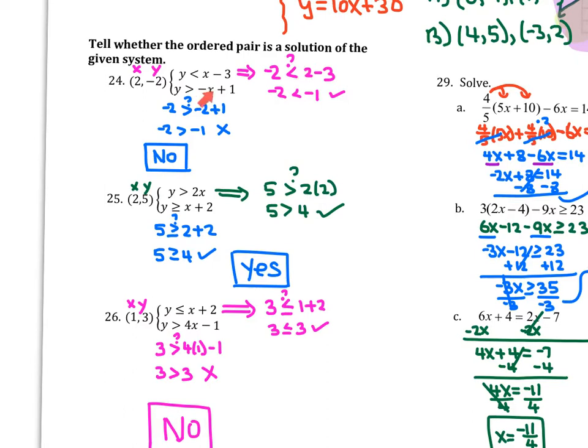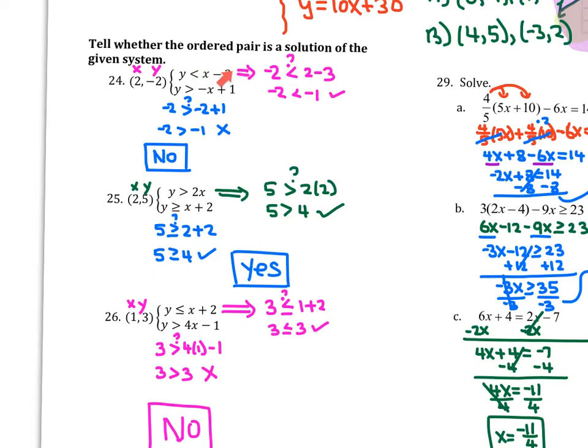And here, if we put negative 2 plus 1, you'd get negative 1. So in our first problem, you have negative 2 is greater than negative 2 plus 1, which is negative 2 is greater than negative 1, which, negative 2 is not greater than negative 1. It's actually smaller.